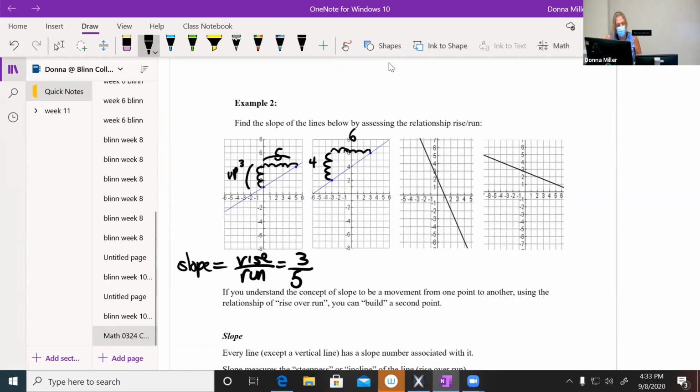I went over 6, so I'm up 4 and over 6, right? So slope is rise over run, which is 4 over 6. I got to reduce that. 2 goes into both of them, so that's 2/3. Okay? All right?